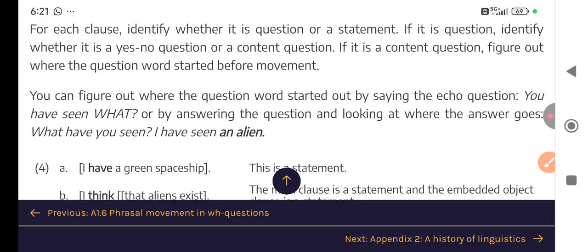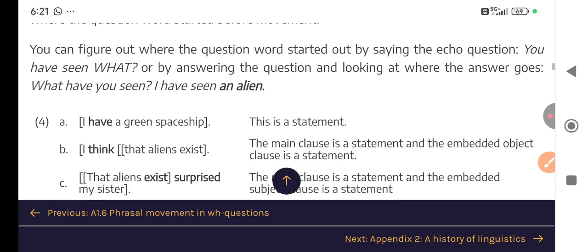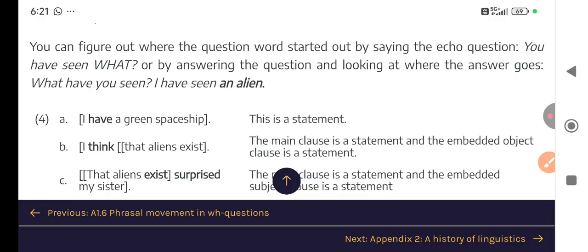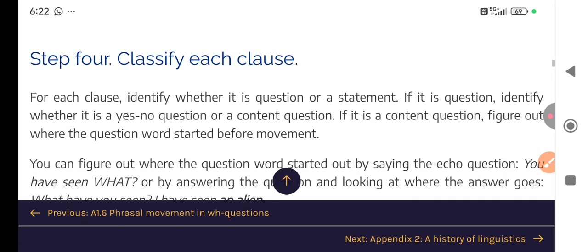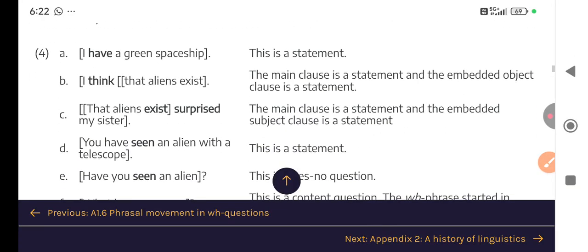So what's the question word? Where? What? You can figure out where the question word started out by saying the echo question: you have seen what? Or by answering the question and looking at where the answer goes. What have you seen? I have seen an alien, right? So this way you can find out and classify each clause, right?